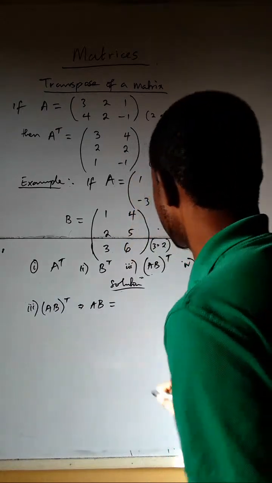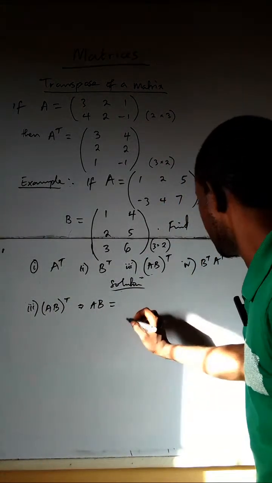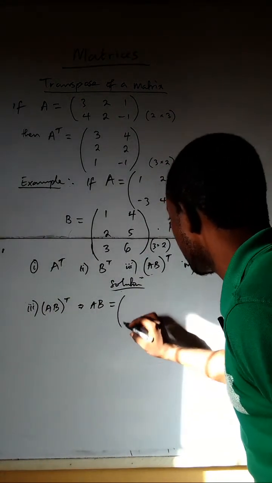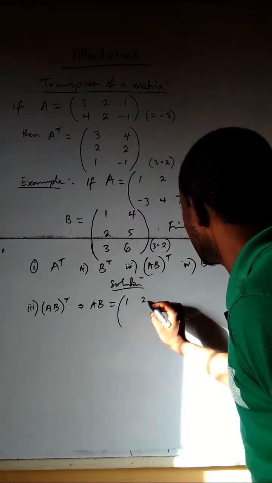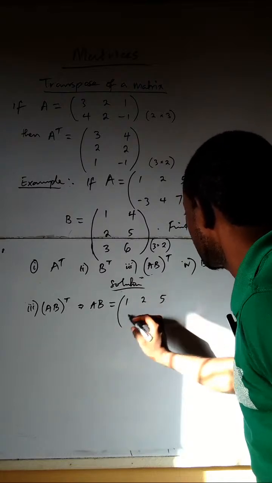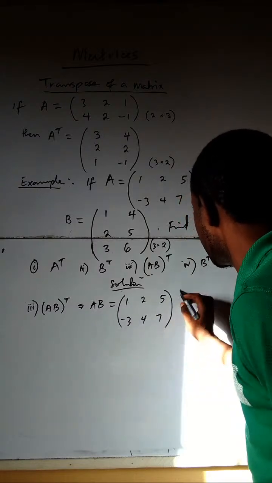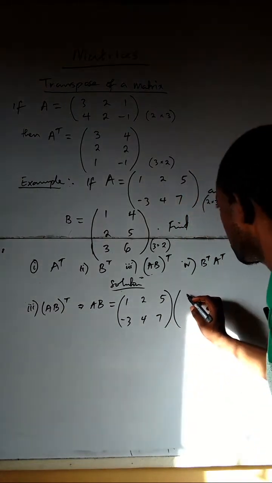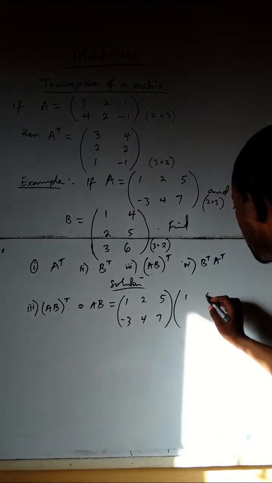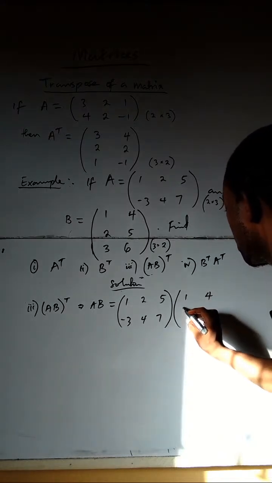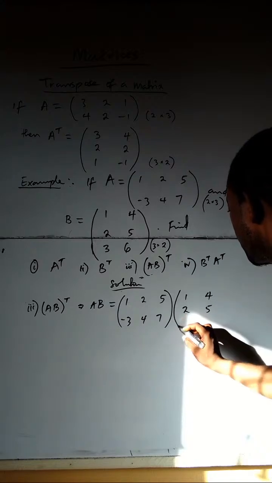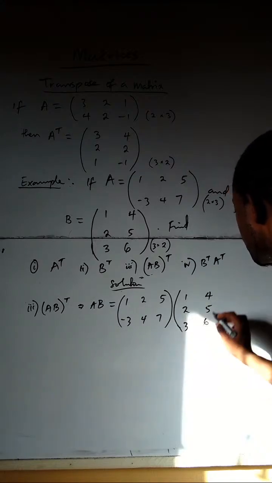Then AB means we multiply A and B. That is the matrix A, which is 1, 2, 5, minus 3, 4, 7, times the matrix B, which is 1, 4, 2, 5, 3, 6.